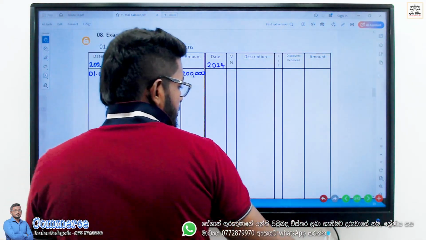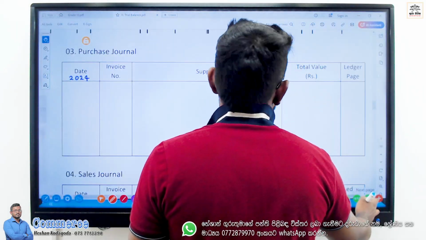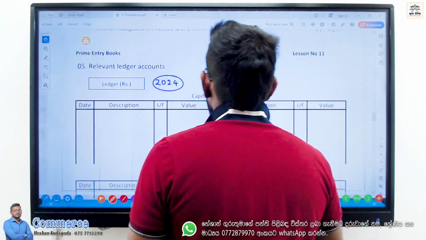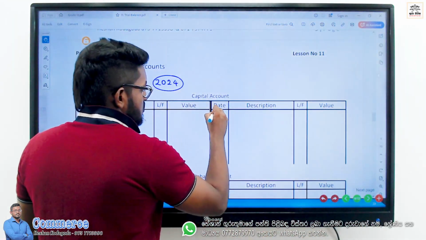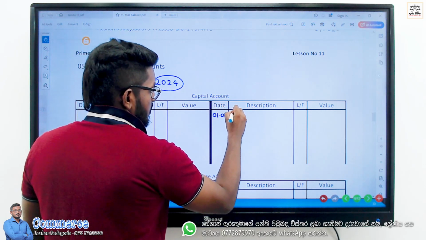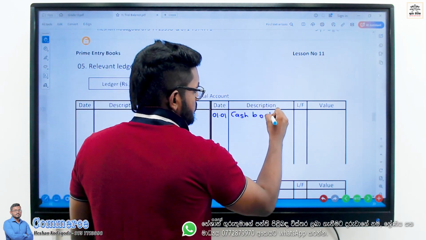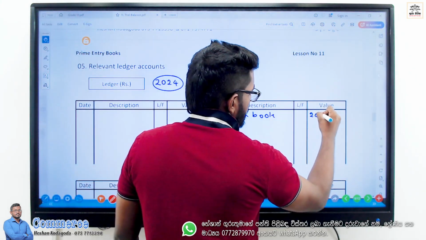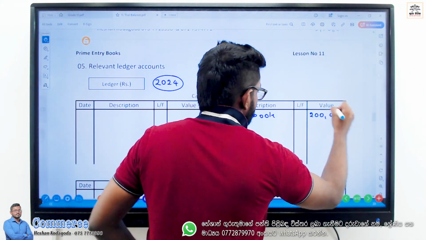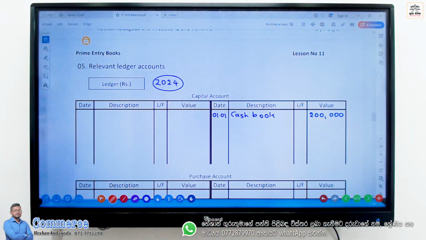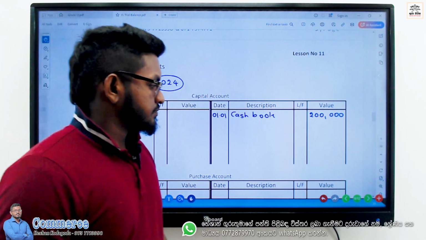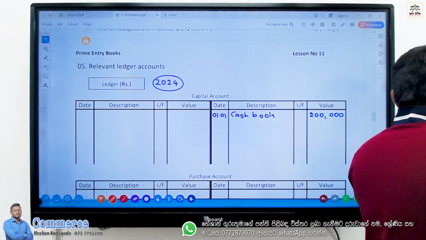Then go to the ledger heading. In the capital account, January 1st, write it as cash book, 200,000.